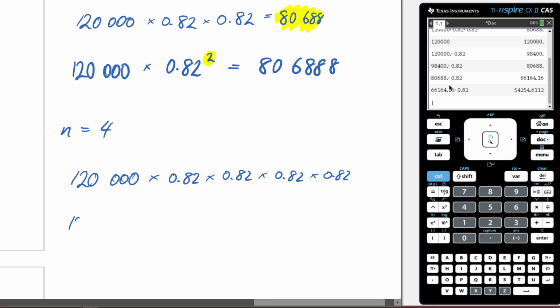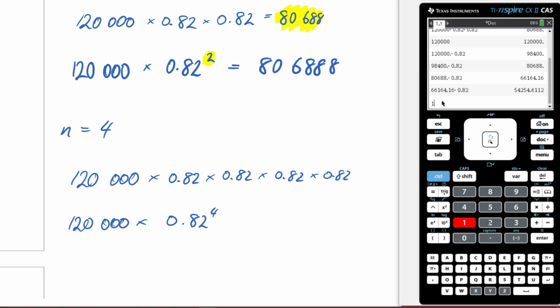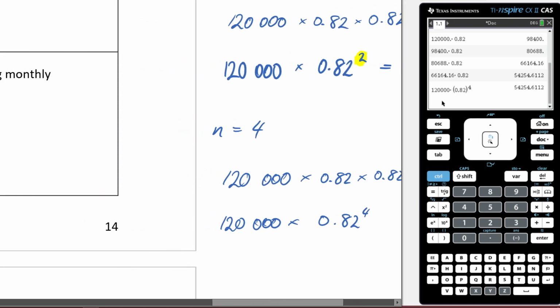And that's the same as going 120,000 times by 0.82 raised to the power of 4. As you see, we get the same thing. That is why when we're about to create a general rule, you raise it to the power of n.